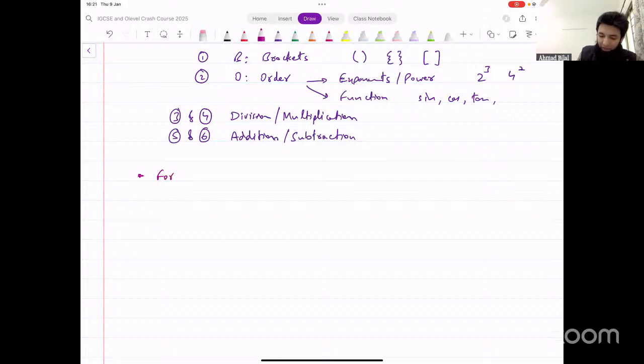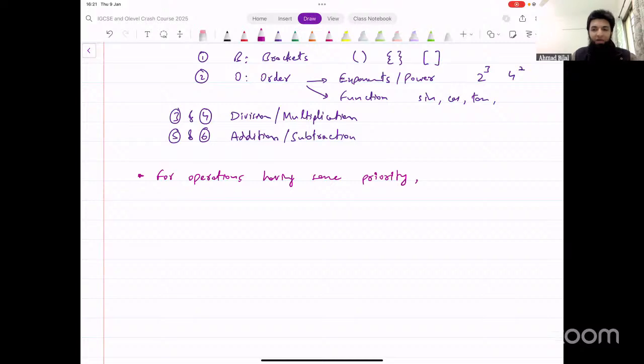For operations having the same priority, for example, if you have division and multiplication, or if you have addition and subtraction, you go left to right.